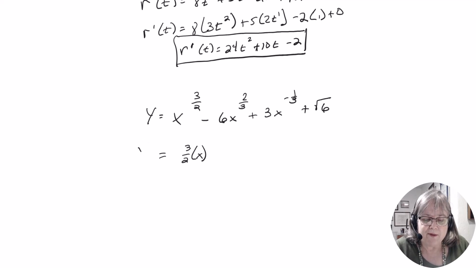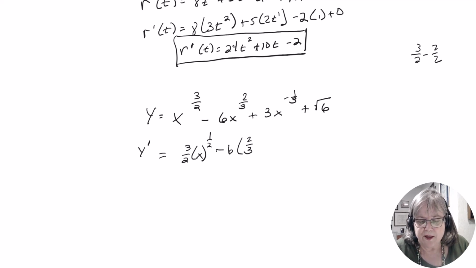So you have to tell the reader, which is your teacher, that you're talking about the derivative, not the original function. So you'd bring the 3 halves down, leave the x alone, take 1 away from the power, and 3 halves minus 1 is 3 halves minus 2 halves, so this is 1 half. Okay, minus 6, bring the 2/3 down, leave the x alone, 2/3 minus 1 is minus 3/3, so you would have minus 1/3.